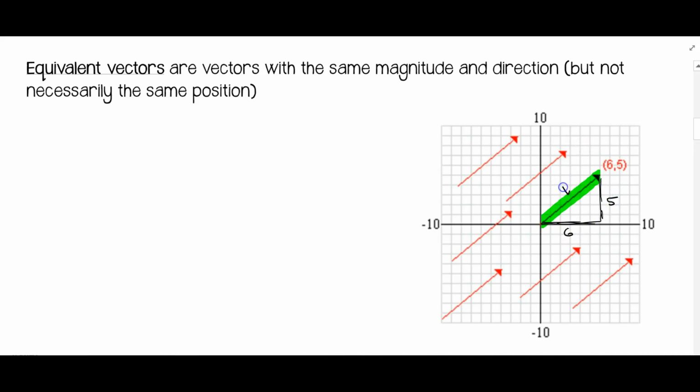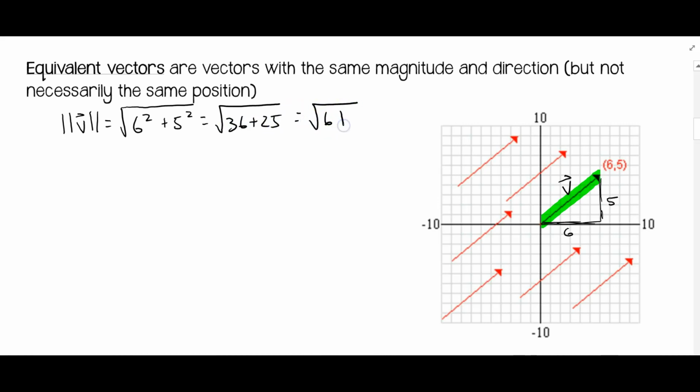So the magnitude of this vector v, and we'll get to this in the video again, we'll just give you a little preview here, it would be the square root of 6 squared plus 5 squared, so that's 36 plus 25, or the square root of 61.